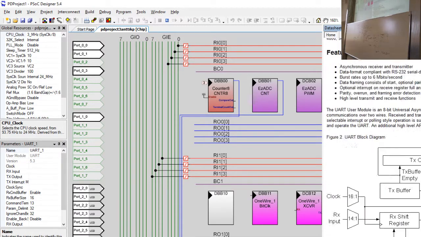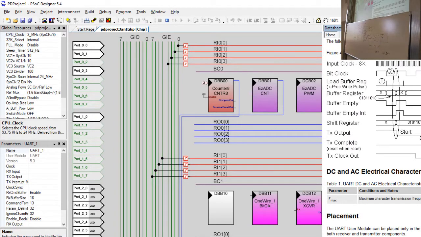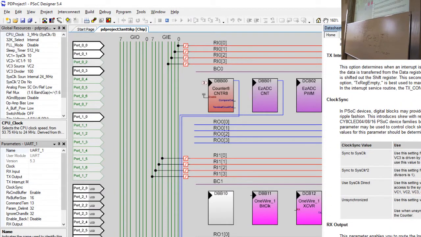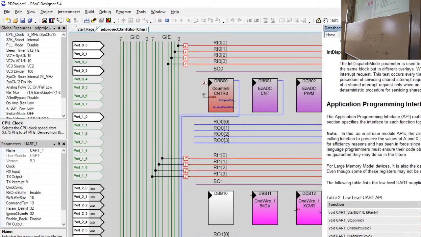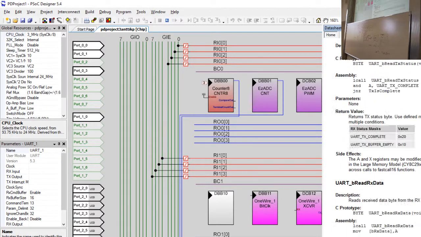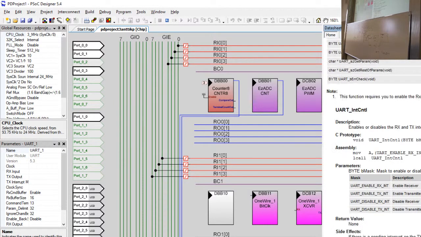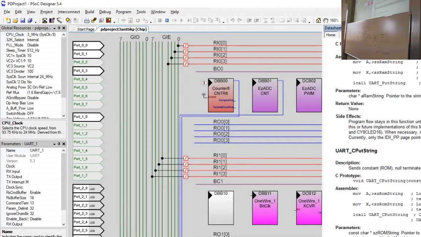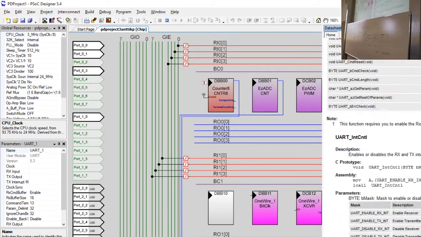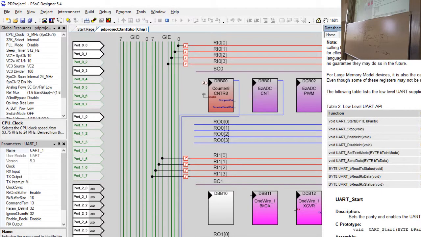Fortunately, in this data sheet, we have a way to calculate it. At least it used to have it. Let's see, the bit rates. How to set the bit rate. It was in the middle of some text here.